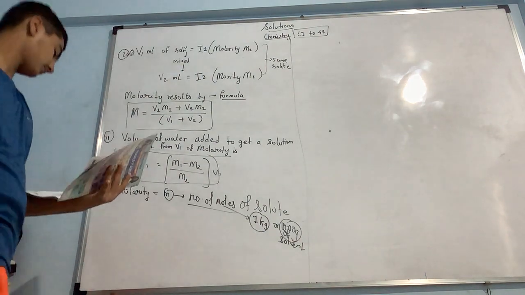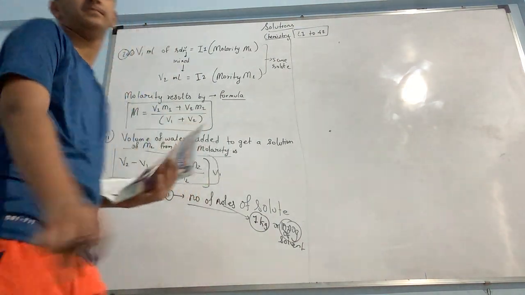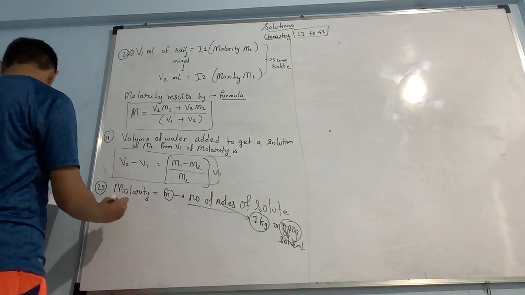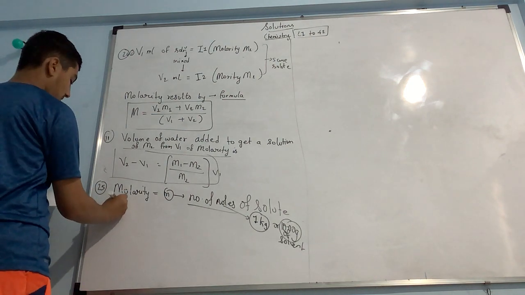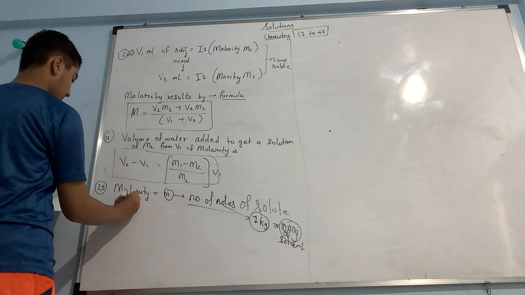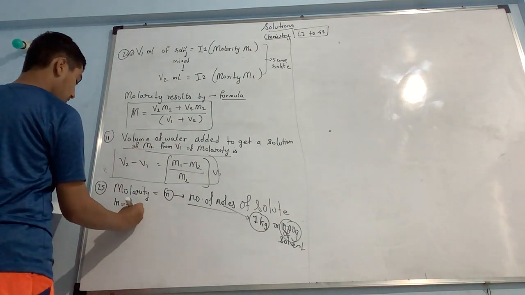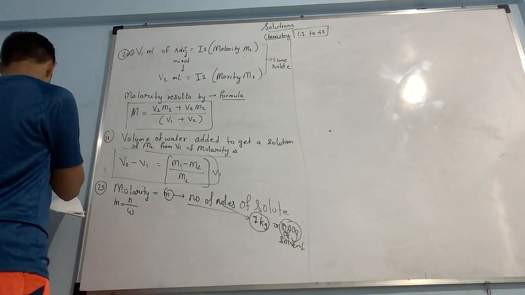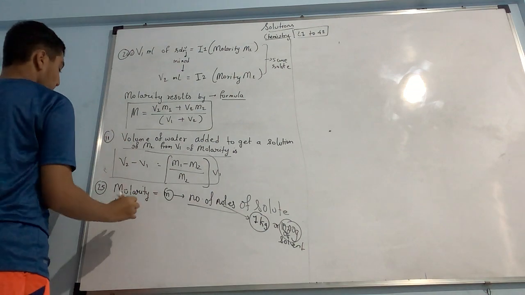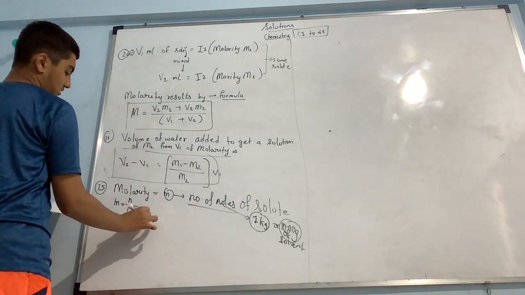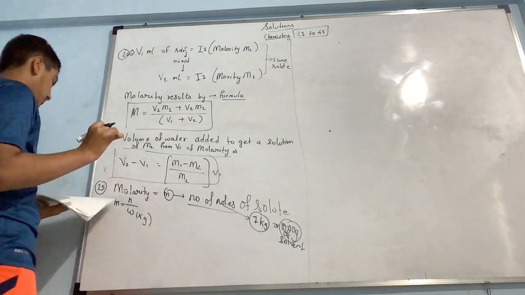Understood? Then the formula will be M is equal to N upon W, where W is in kg, kilogram.